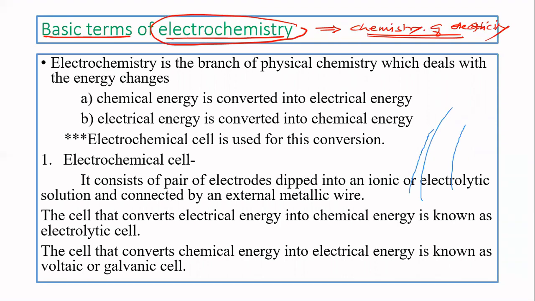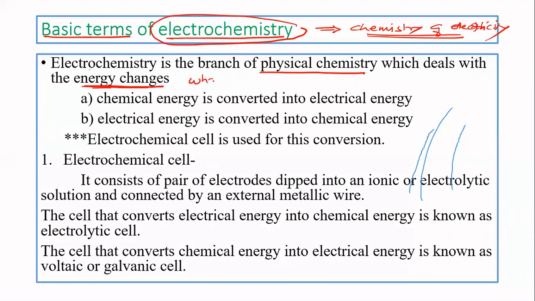You can take it like this: chemistry of electricity. The definition is: electrochemistry is the branch of physical chemistry which deals with energy changes. So you can easily understand what is meant by electrochemistry.